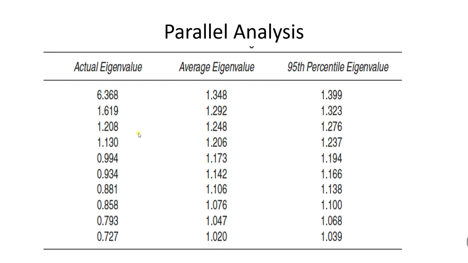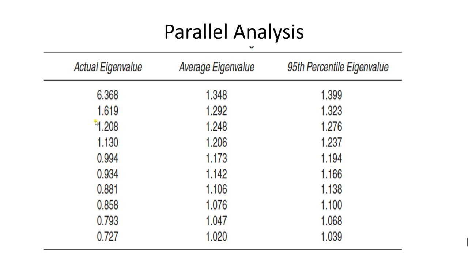So this suggests that this third factor is not a significant factor because we are not able to explain more variance as compared to the chance variance. So this parallel analysis suggests that only two factors should be retained.